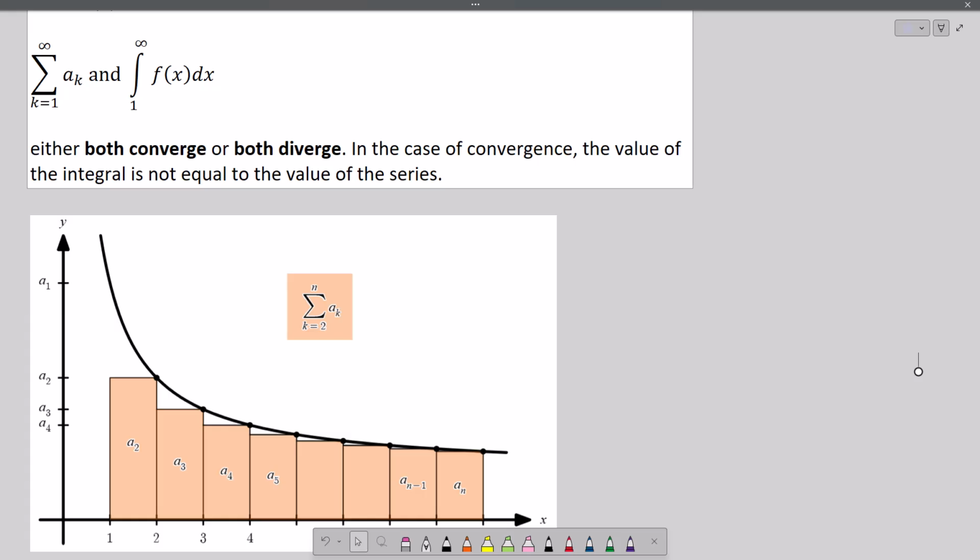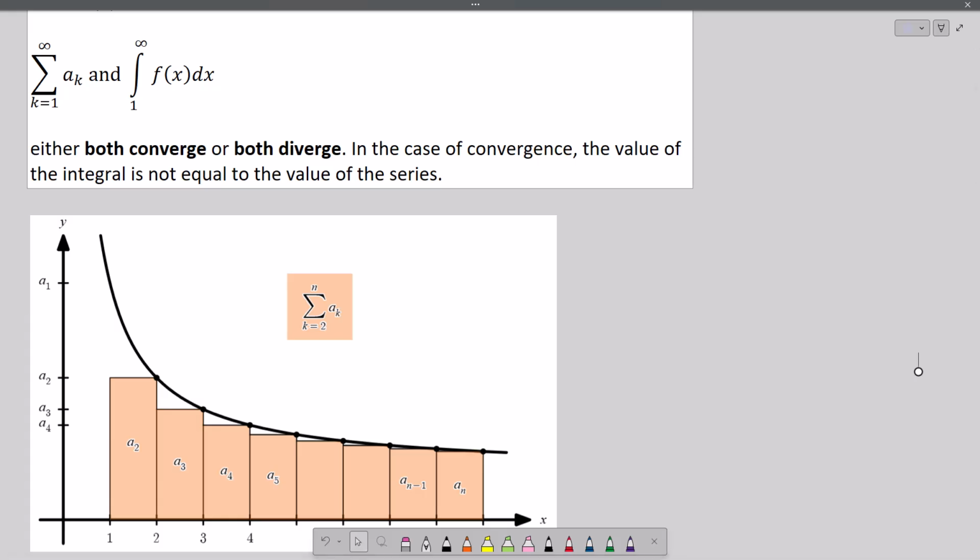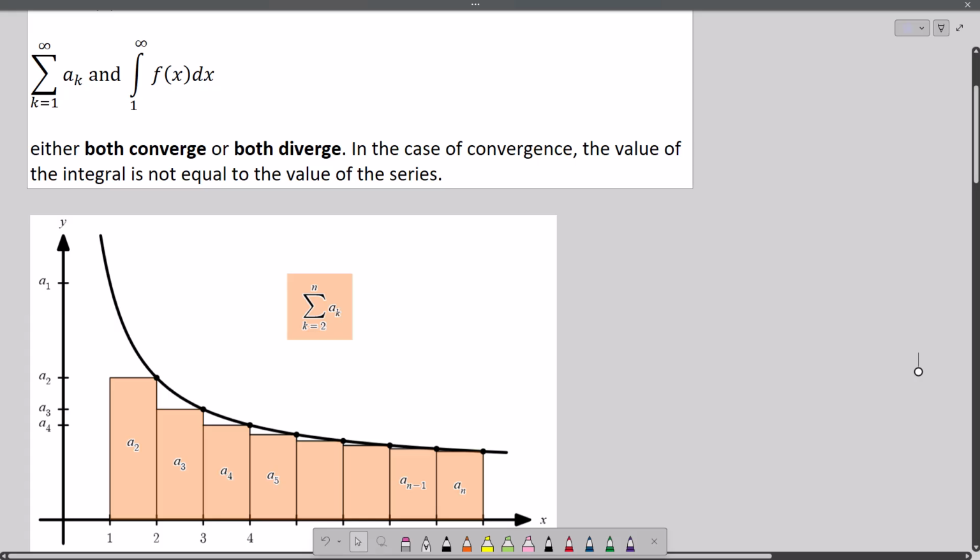The area beneath that curve and the infinite sum of the sequence embedded within it are going to do the same thing, which makes perfect sense, because we think about the area beneath the curve as a collection of rectangles added together. An infinite collection of rectangles, which is what we did with improper integration.